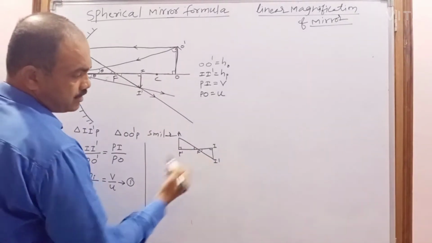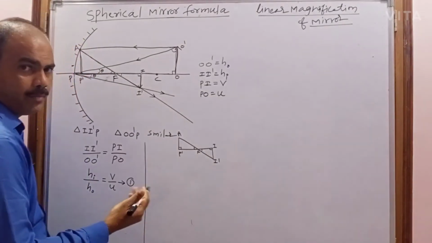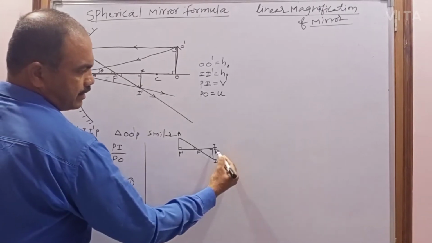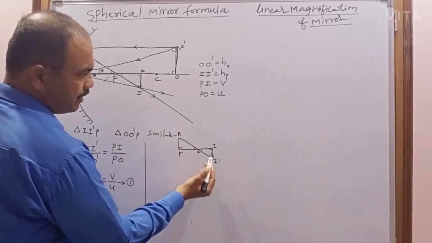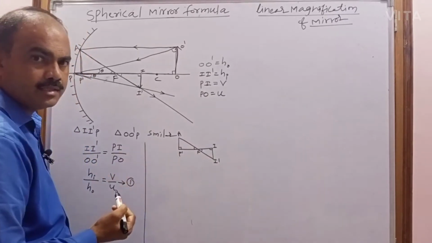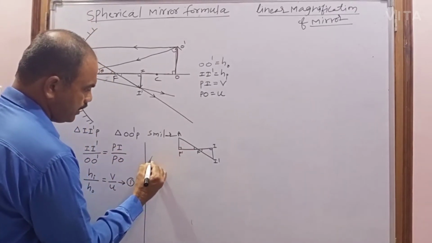When these two triangles are similar, their corresponding sides are proportional. So I am taking this side, I dash by AP dash. After that, IF by FP dash. The ratio is the same. What are the two triangles?